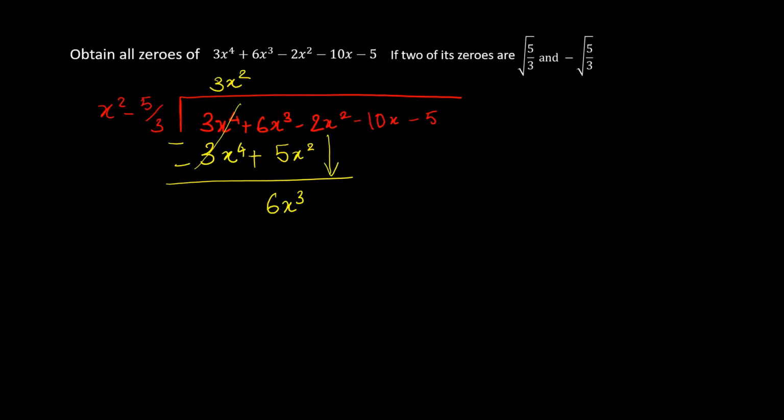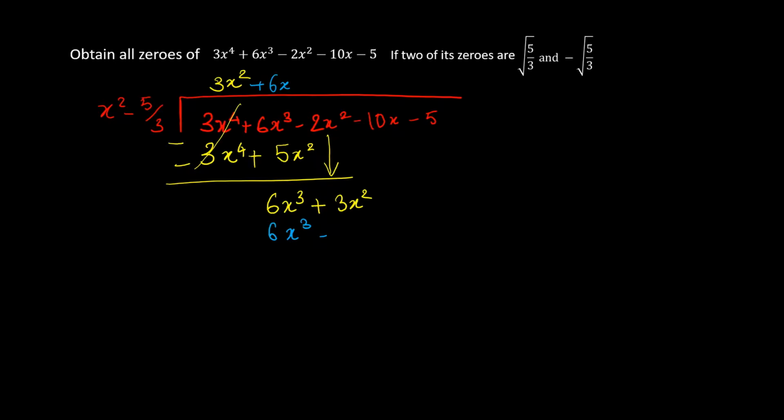So I'll solve it like this, I'll add 5x square there, so I'll get plus 3x square. Now here let's do it again. Now here I have an x square, I have a 6x cube, so I'll multiply with a plus 6x. Then I'll get a 6x cube and, if I cut it out, I'll have a 2 left.